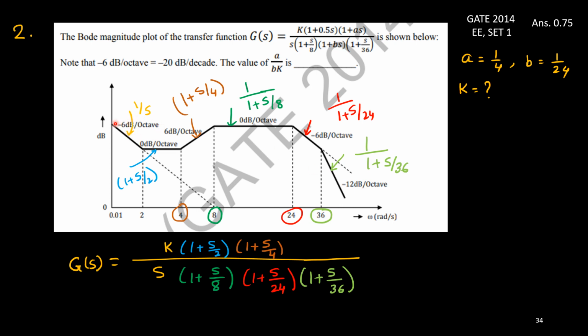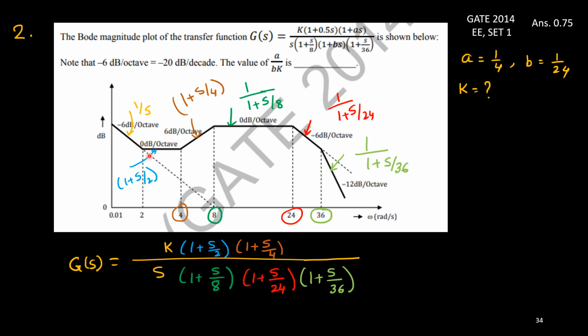Now you see here, this slope is minus 6 dB per octave, and it is extended here, and it is showing that it will cross at this point. Means at 8 it is 0 dB, and this is the slope provided. Now we know that this is minus 6 dB per octave, meaning every octave, every 2 times the frequency, 6 dB is reduced.